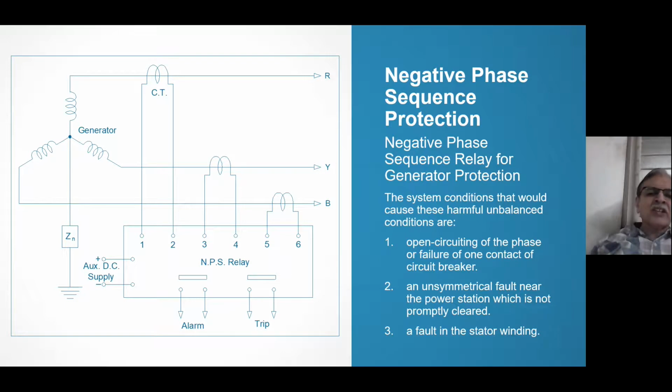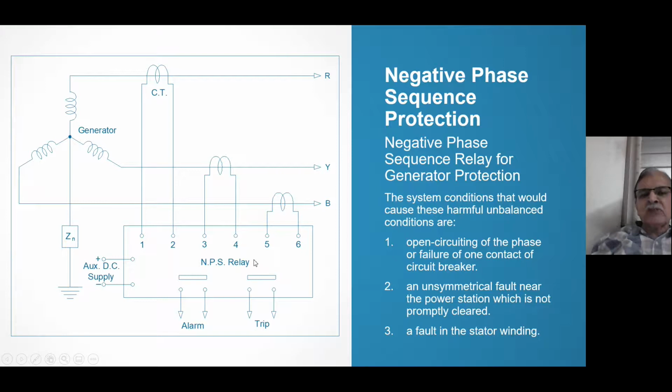You can see that there are 3 CTs, and they are connected to the NPS relay, the negative phase sequence relay. 1, 2, 3, 4, 5, 6 are internal connections. You have to give auxiliary DC supply. It will give alarm also, and it will give trip also. Alarm at a certain level and trip at a higher level.